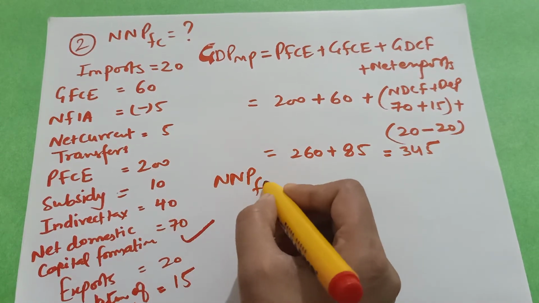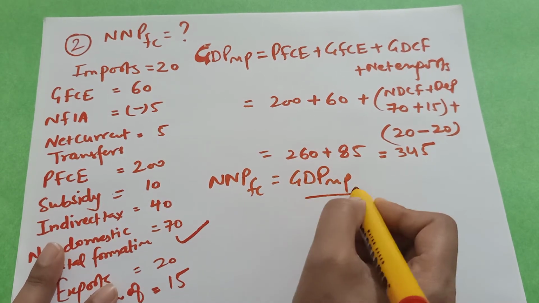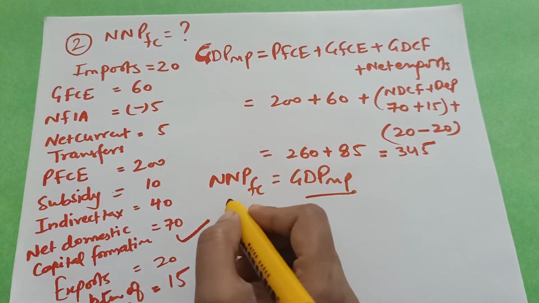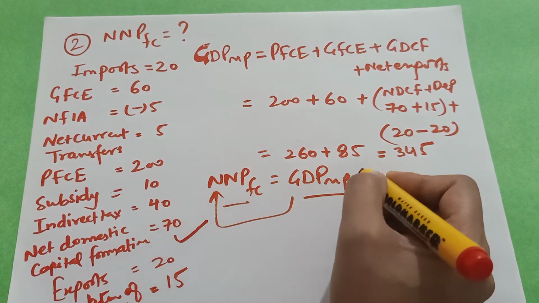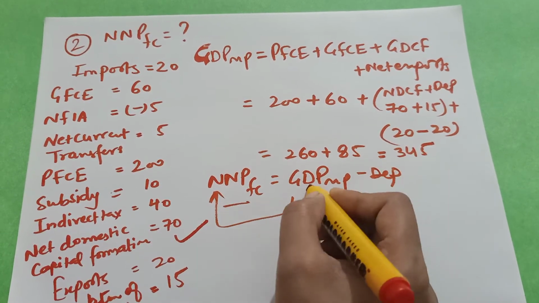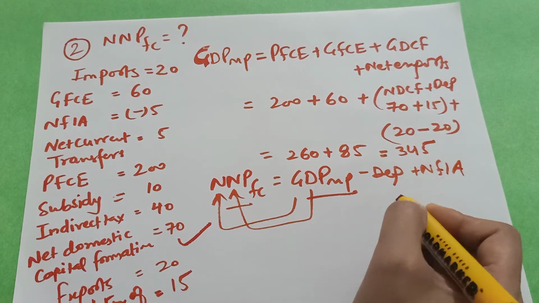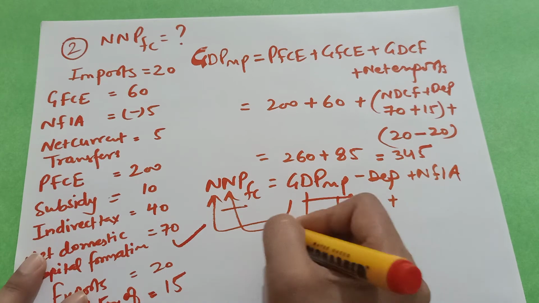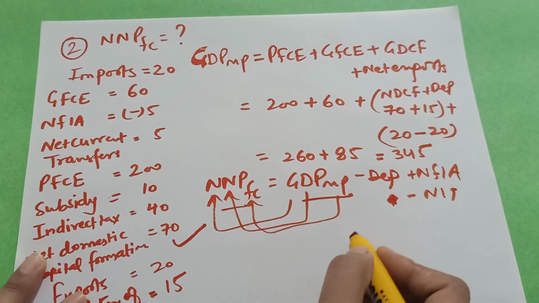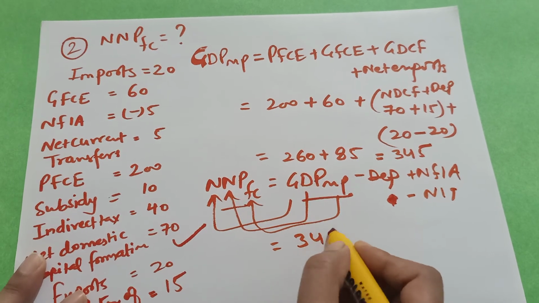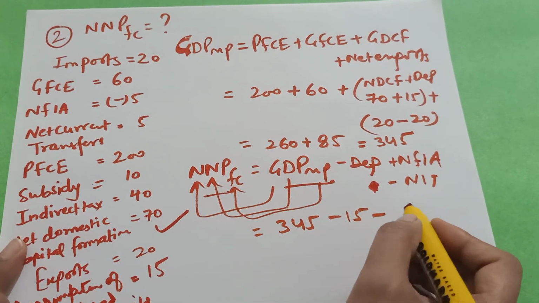National income, we have to calculate NNP-FC. GDP-MP we write on the right-hand side, what is given, and what we have to calculate we put on the left-hand side. Gross to net, you go minus depreciation. Domestic to national, you go plus NFIA. Market price to factor cost, you go minus NIT. So GDP-MP 345 minus depreciation 15 plus NFIA.